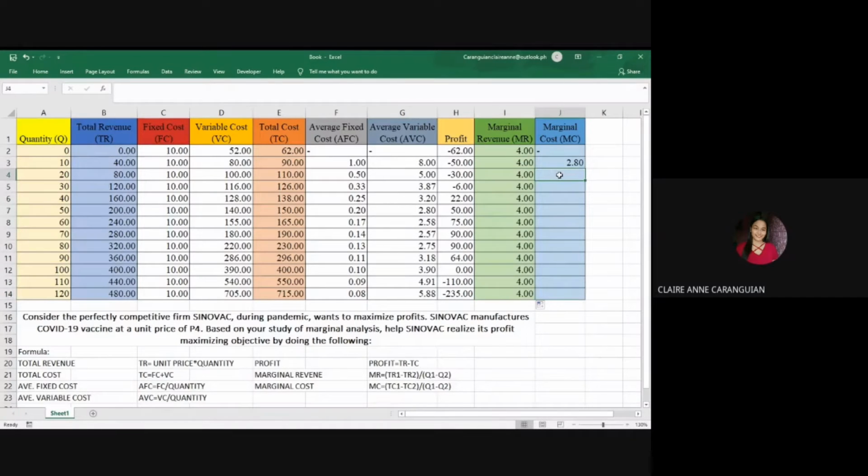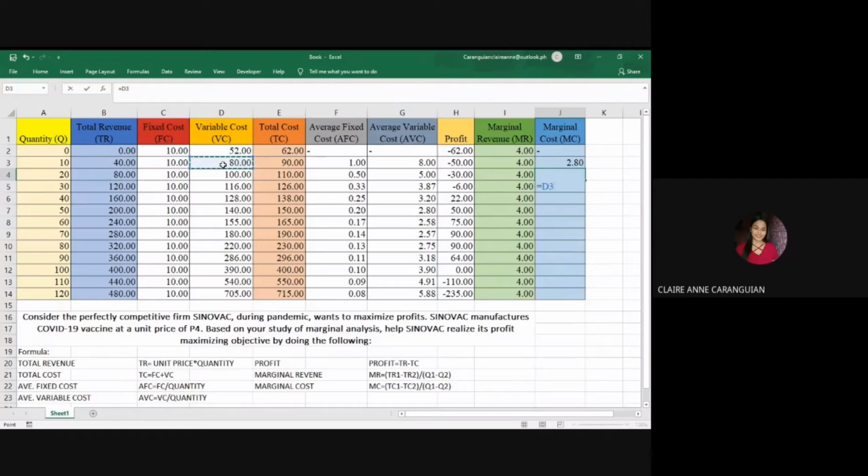Same as marginal cost: the total cost 1 less total cost 2 divided by quantity 1 less quantity 2. Here, cost 1 is already provided and cost 2 is already provided. So we're going to find the marginal cost in the third quantity.